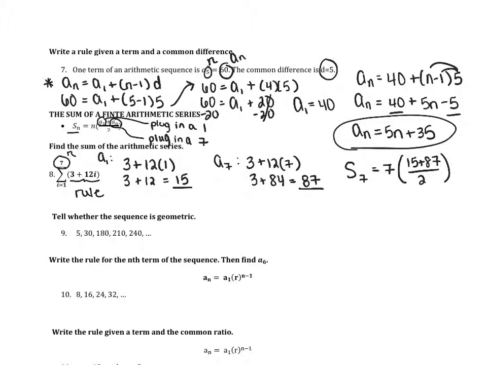And so when you plug this into your calculator, you're going to want to do 15 plus 87, which gives you 102. Divide that by 2, you get 51. So 7 times 51 equals 357.